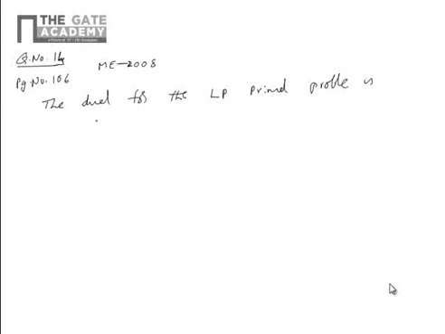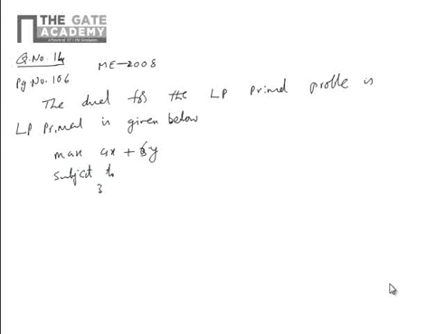The LP primal he has given is: maximize 4x plus 6y subject to 3x plus 2y less than or equal to 6, 2x plus 3y less than or equal to 6, x comma y greater than or equal to 0.